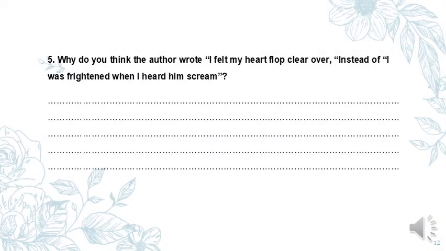Okay. Why do you think the author wrote, I felt my heart flop clear over, instead of, I was frightened when I heard his scream? What is the difference that something like this makes in reading a story? It makes us more interested in what is happening, and it gives us more feelings of a frightened Travis.